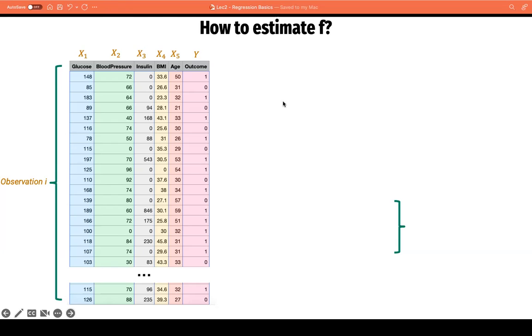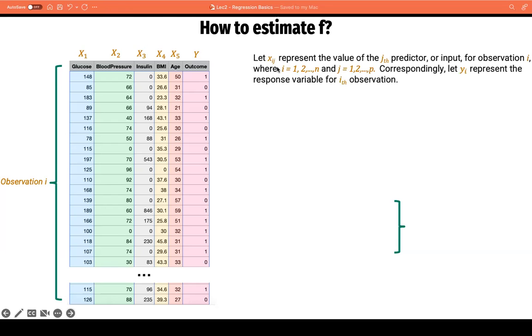Let x sub ij represent the value of the jth predictor or input for observation i, where i is equal to 1 to n and j is equal to 1 to p. Correspondingly, let y sub i represent the response variable for the ith observation.